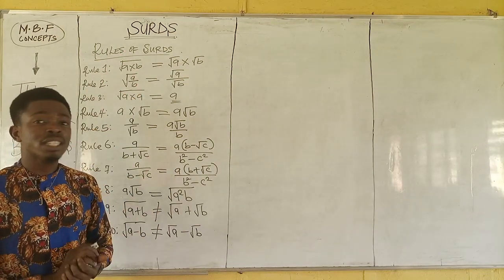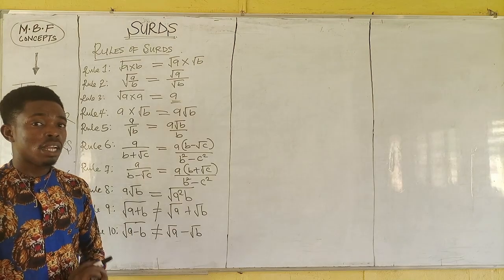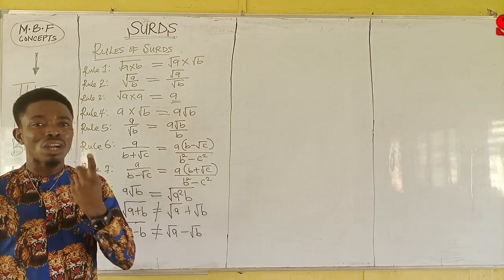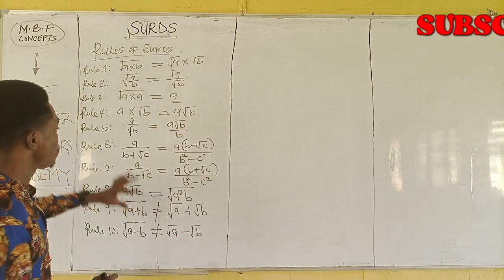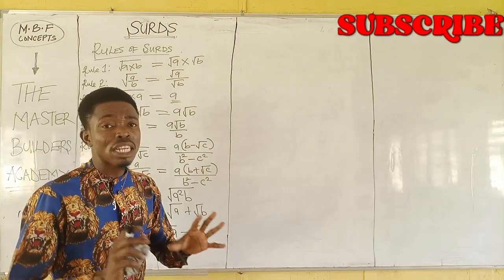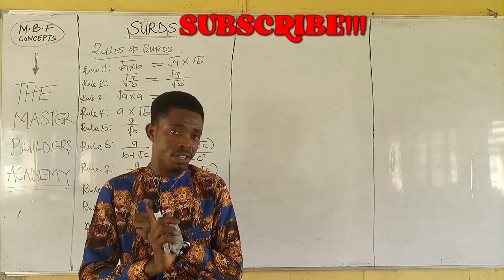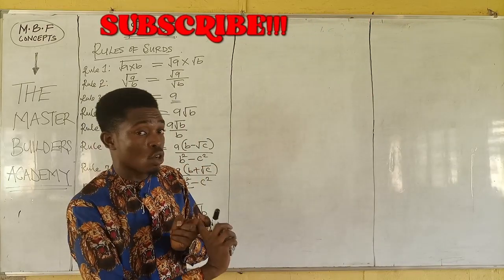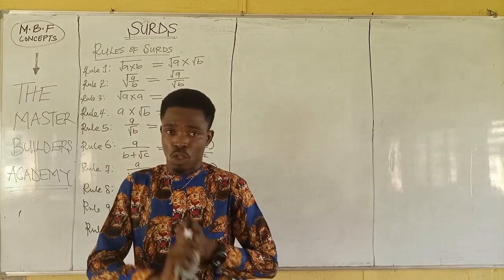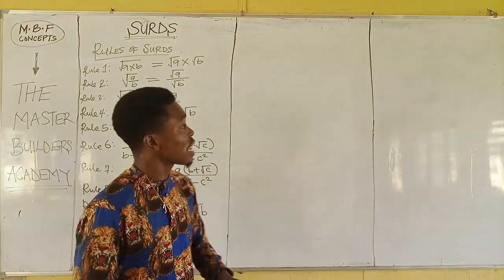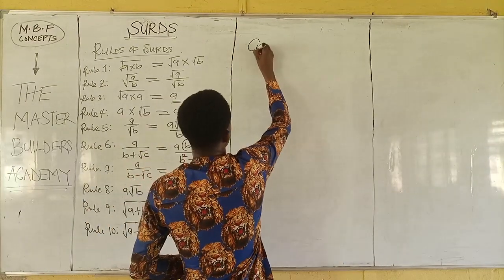Now guys, what is the next thing we should look at? The next thing we want to quickly look at is the conjugate of surds. Guys, the conjugate of a surd is actually changing the sign that connects two surds. If it is plus that is connected to the surds, the conjugate is negative.